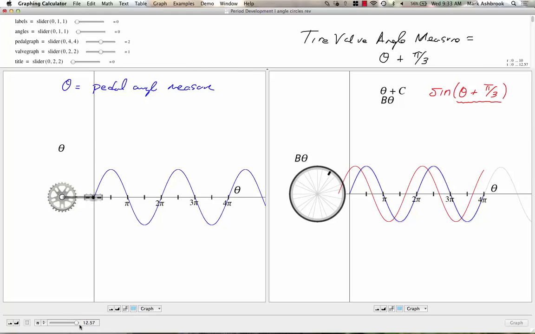So the fact that that red graph, sine of theta plus pi over 3, is shifted to the left should make perfect sense. You're adding, so that angle comes ahead of the original angle. So it's going to start earlier, which in terms of theta increasing positive, earlier is this way. Okay, anybody have a question?